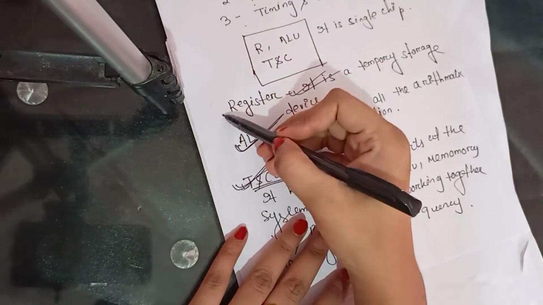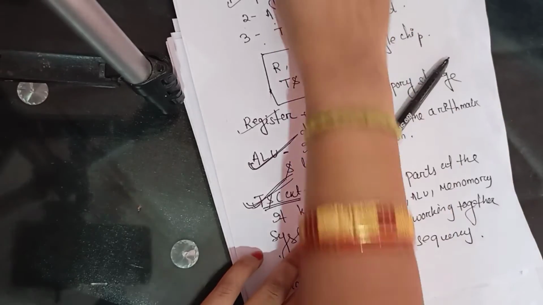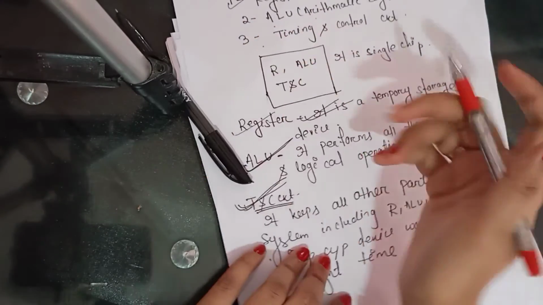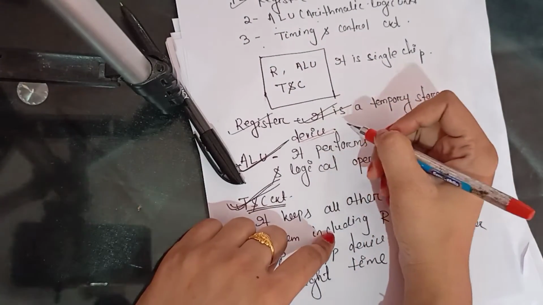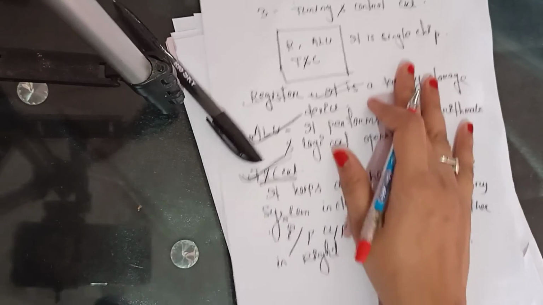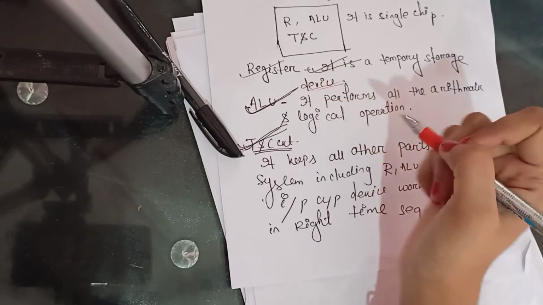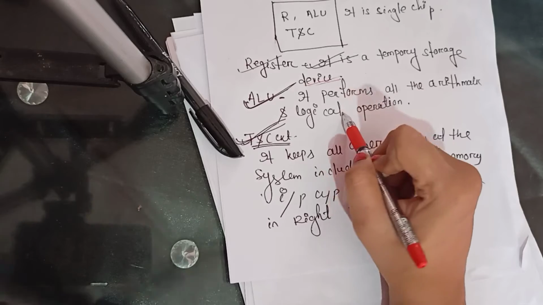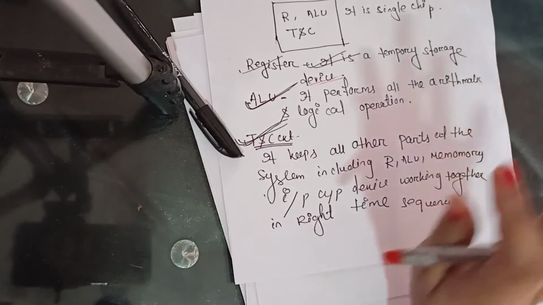What is the function of your register? Register is a temporary storage device; whatever data we are sending inside it, it will store for a short term, not long term. Your arithmetic logic unit performs all the arithmetic or logical operations, meaning all the mathematical operations.